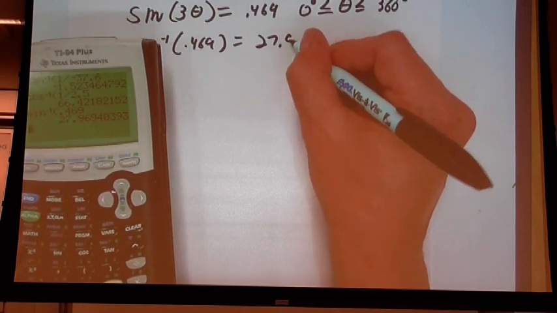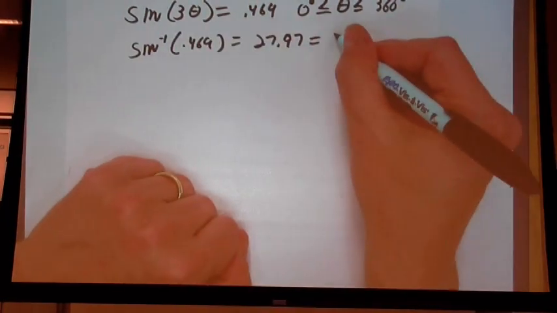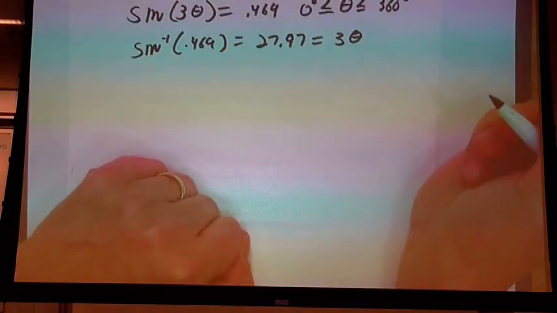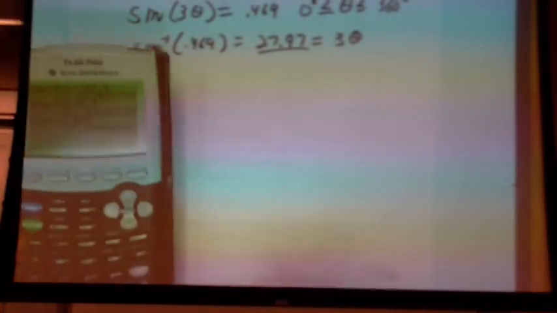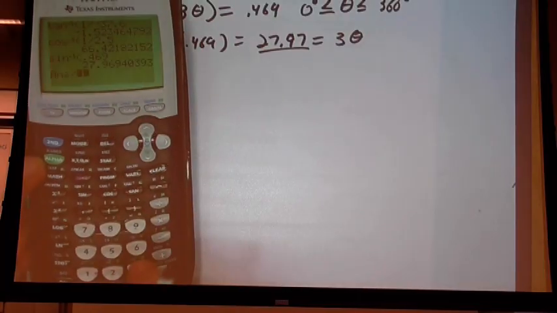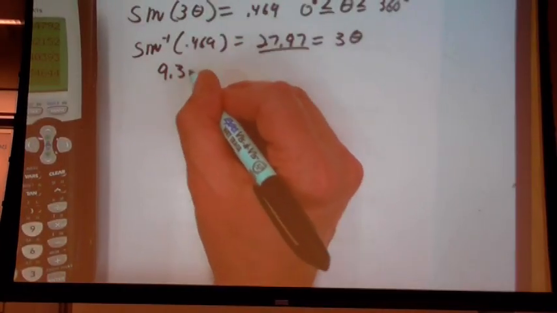Just going to carry an extra digit here. All right. But that's 3 theta, right? So we're just going to divide this by 3. And we're going to get 9.323.